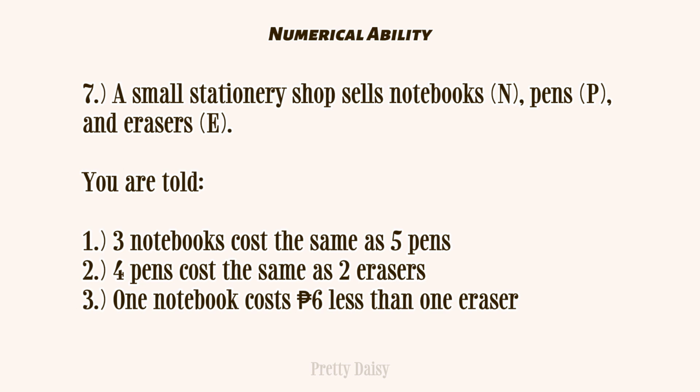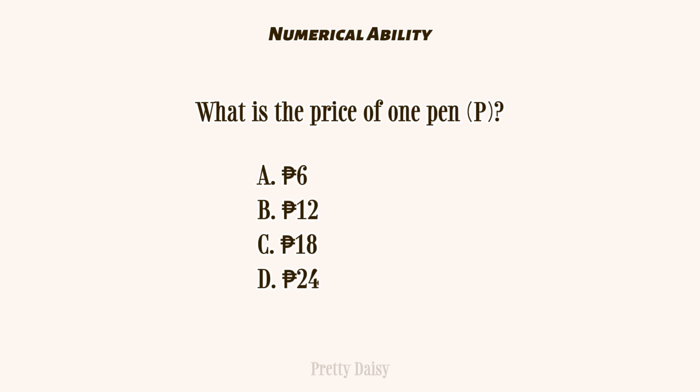7. A small stationery shop sells notebooks N, pens P, and erasers E. You are told: 1. 3 notebooks cost the same as 5 pens. 2. 4 pens cost the same as 2 erasers. 3. 1 notebook costs Philippine peso 6 less than 1 eraser. What is the price of 1 pen P?